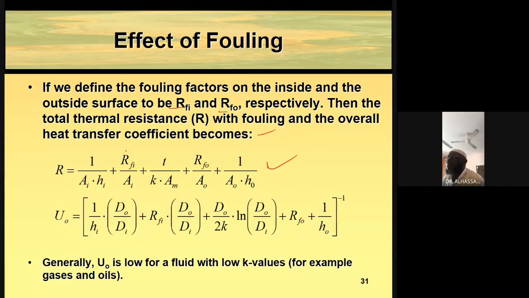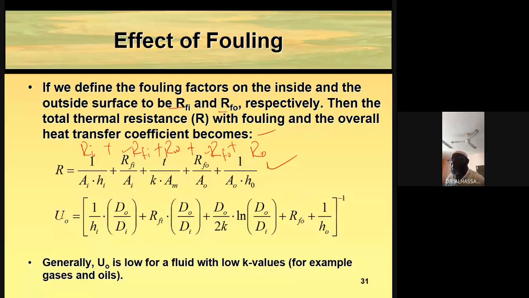Eventually this is the fouling for the inside and this is the fouling for the outside. This is RI, this is RFI, this is R wall, this is RFO, and that is RO. So the total thermal resistance is RI plus RFI plus R wall plus RFO plus RO. So that's the total thermal resistance.